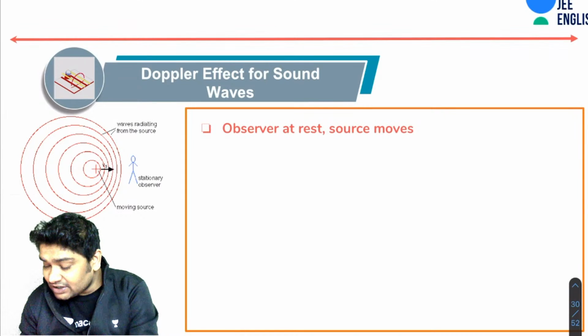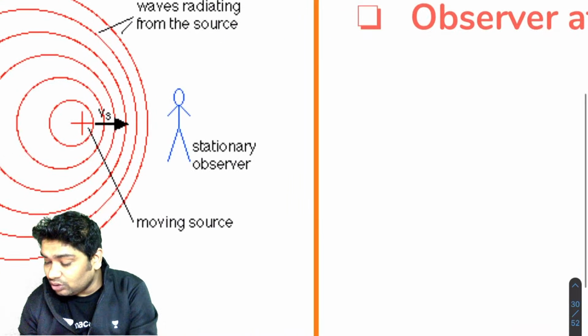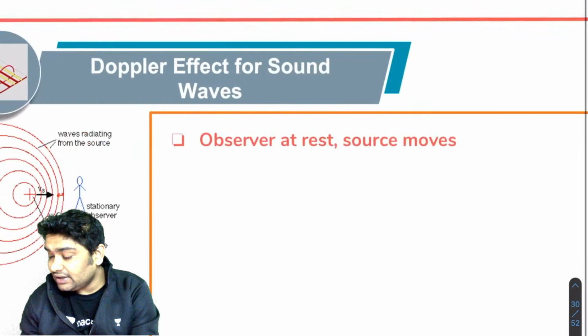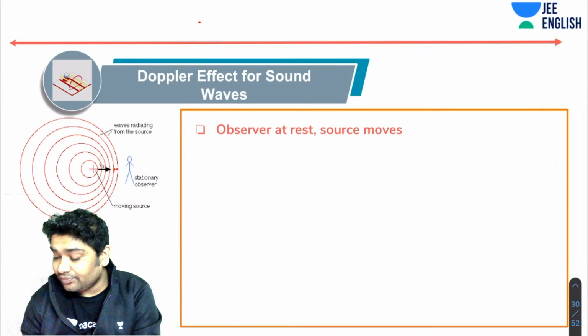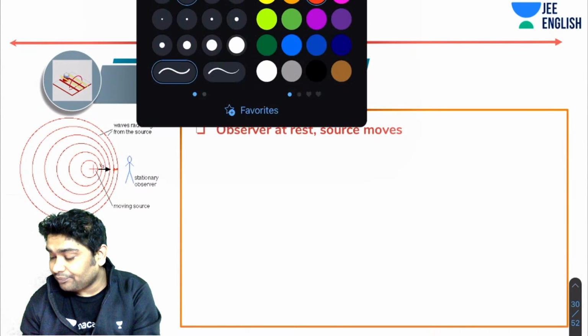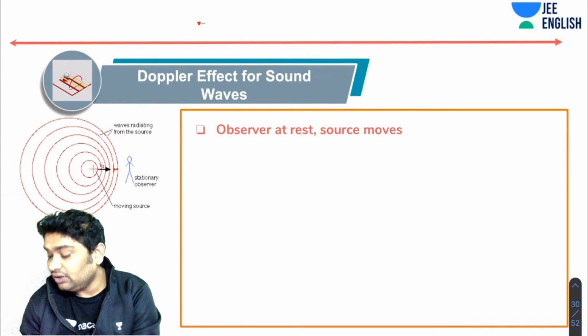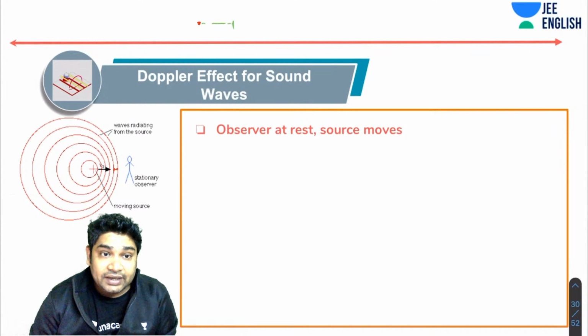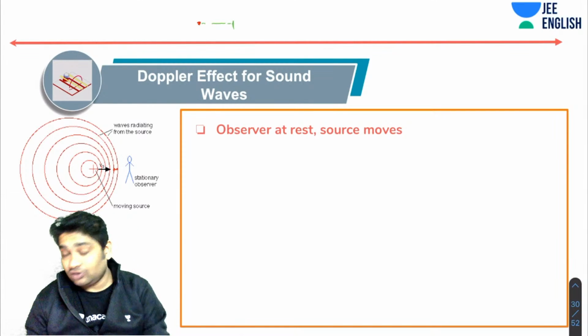So what is the distance between two consecutive waves? If I had to find out the lambda, which is the distance between two consecutive waves, how do I do that? Let's say a source emits one wave. That wave starts to travel, and let's say it reaches here. The next wave would be emitted after a time T, which is the time period of the waves of the source.